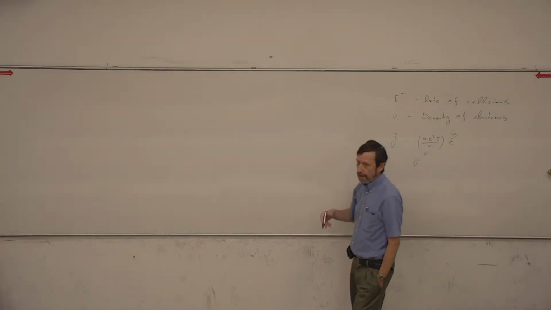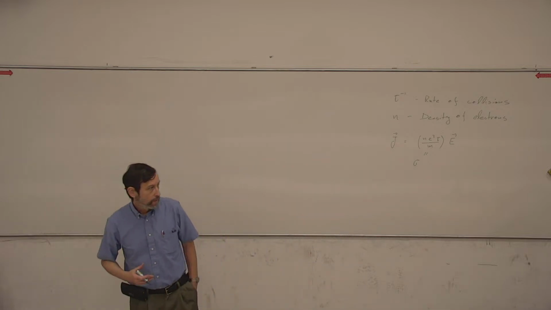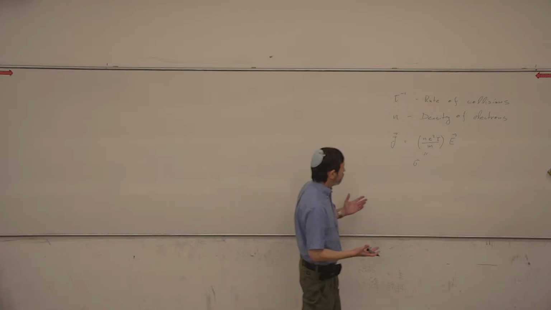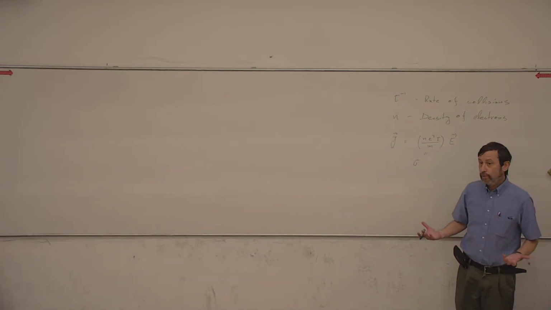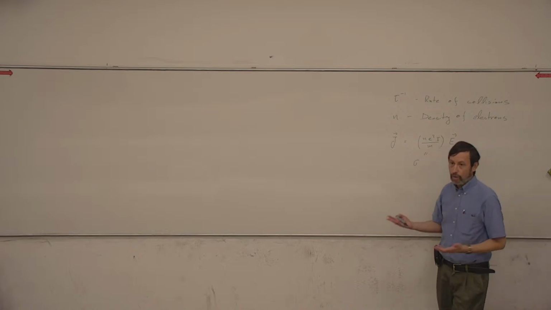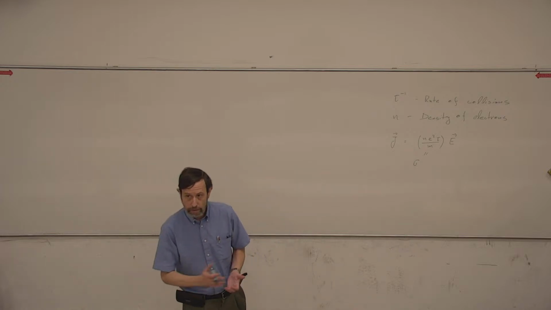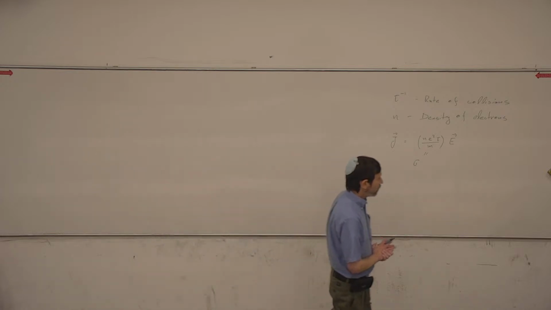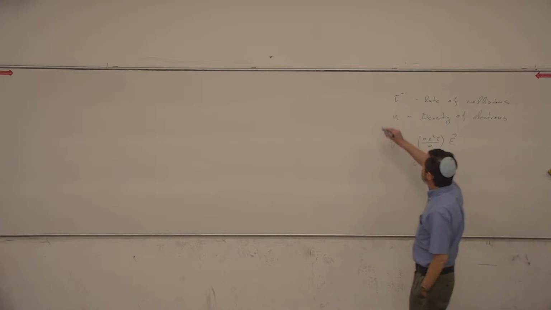And we should somehow characterize n and tau. And we said, well, if we measure just the conductance, it's not enough to pull out tau or n, we have to do an additional measurement. And the additional measurement that we will perform is the Hall effect.